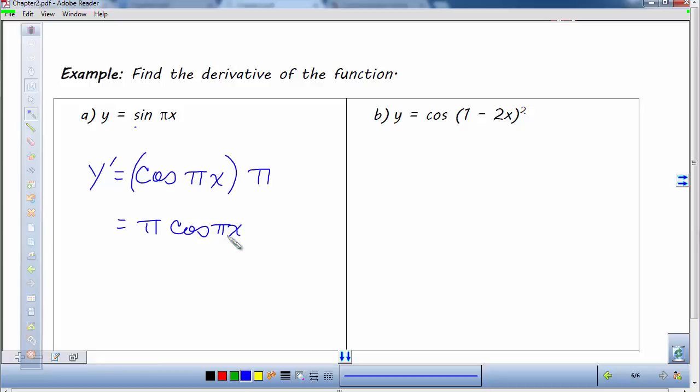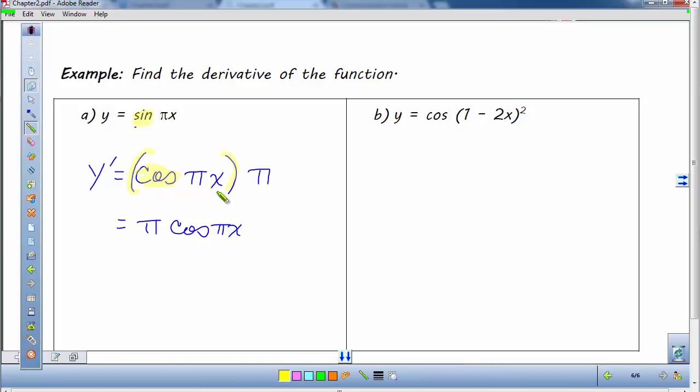Questions about that? So sine x doesn't get placed into that function? No, what we did was we took the derivative of sine x, which was cosine, and it was at the same inside function. So now we take the derivative of the inside. If sine was my outside function, all of this is the derivative of the outside function.